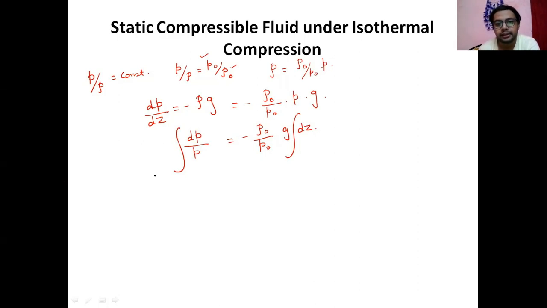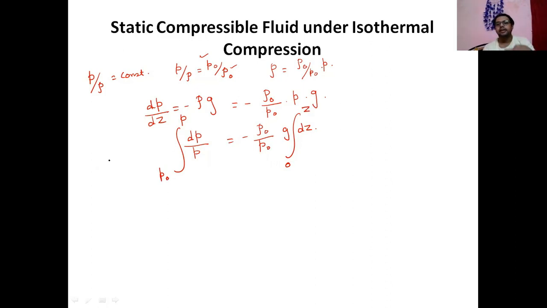So here, from some point, initially it was P0 condition, pressure. Now it is coming to some different pressure P. Whenever it was P0, let it be at z equal to 0. After that, it is coming to z.